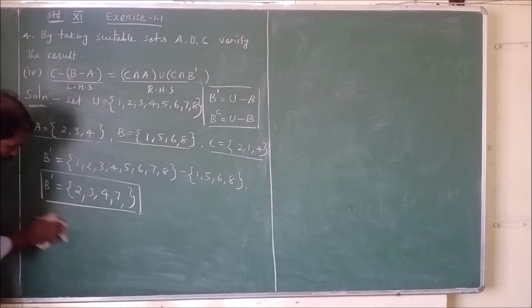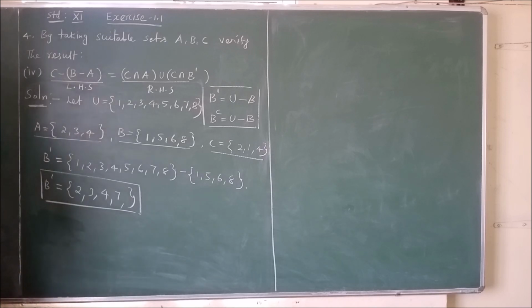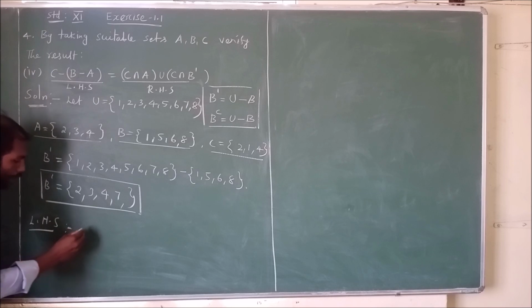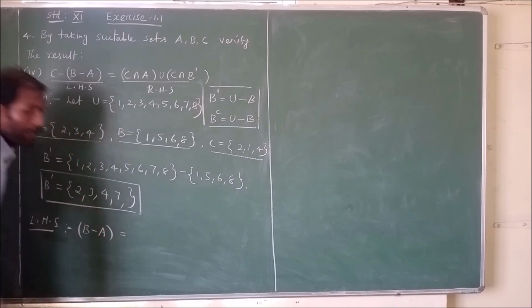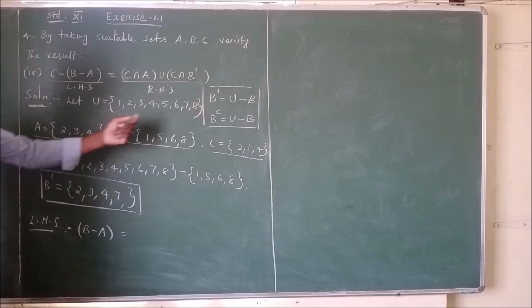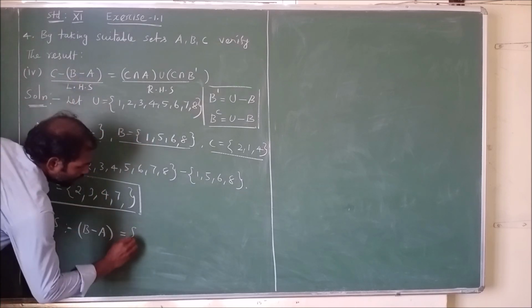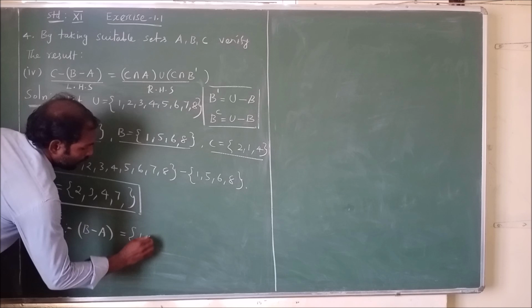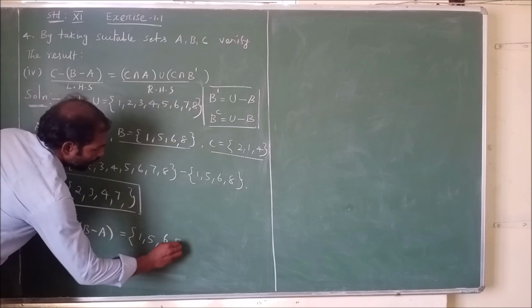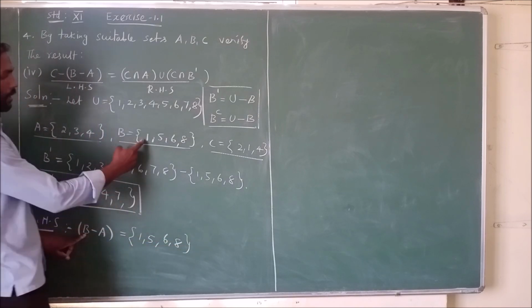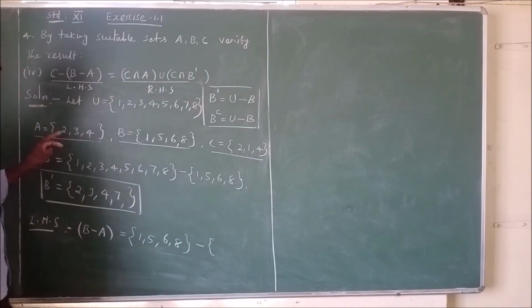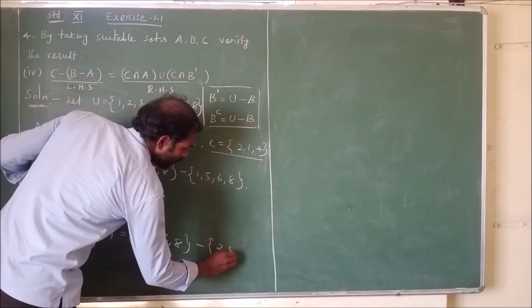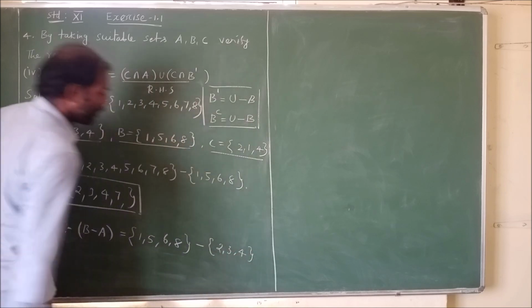Now we have to find the LHS. B minus A equals set B. Set B is 1, 5, 6, 8, minus set A. A is 2, 3, 4.